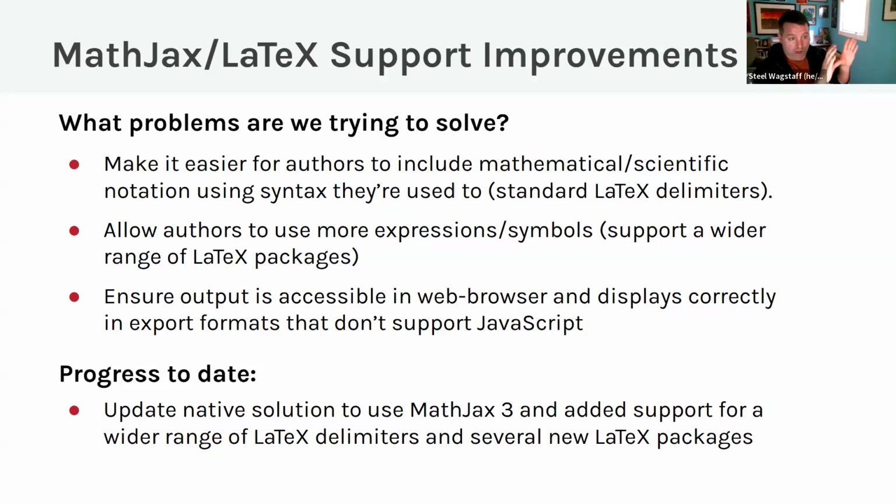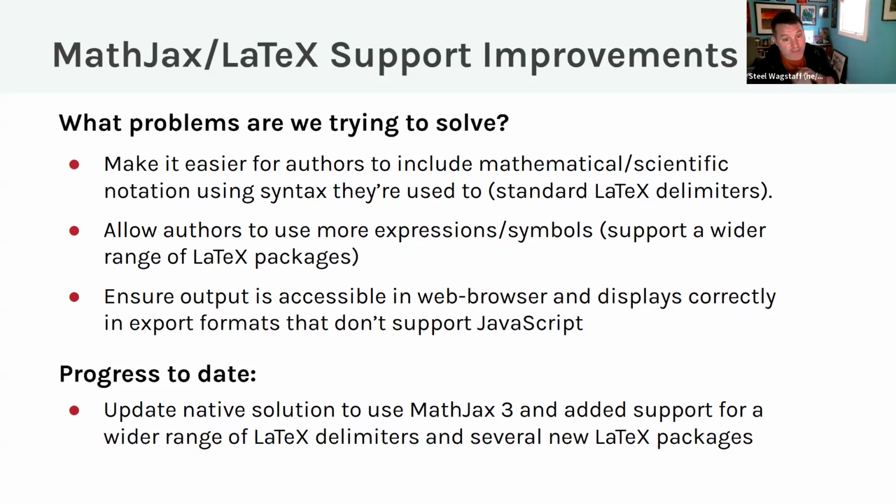If you're in the web book on the browser, it's accessible. And that when you produce exports, whether it's an EPUB or a PDF export, the same math expressions are rendered in the same way, even when those tools don't support the JavaScript that the web browser is using to show the expressions. So that's the kind of challenge and what we're looking at doing.